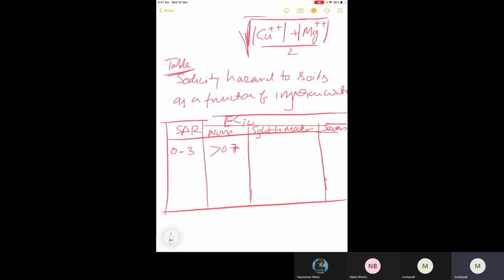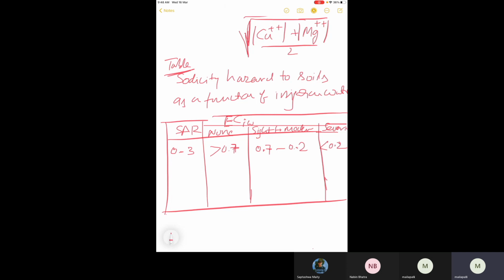You can apply the irrigation water. Or if it is 0.7 to 0.2, this is slight to moderate. The severe is below 0.2, with SAR 0 to 3.